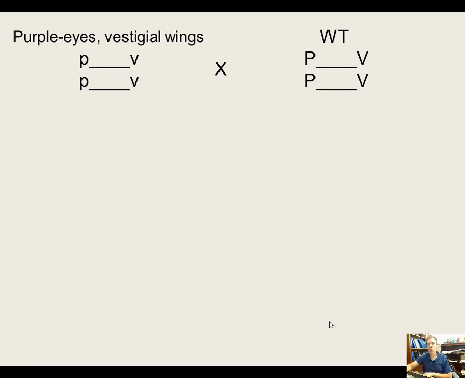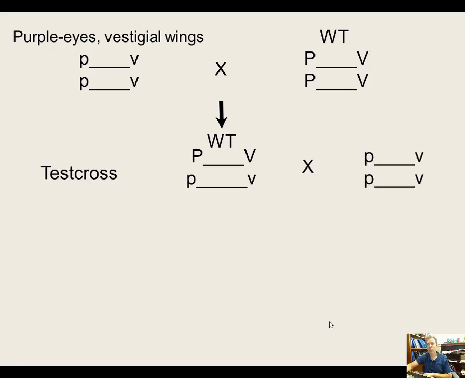How does this look? Here's that cross from before with the double mutant crossed with a wild type. The F1 are heterozygous, and when you test cross them, if a recombination event happens, a crossing over, then the purple eye will cross over and be linked to the wild type wing, and the wild type eye will cross over and link to the vestigial wing.